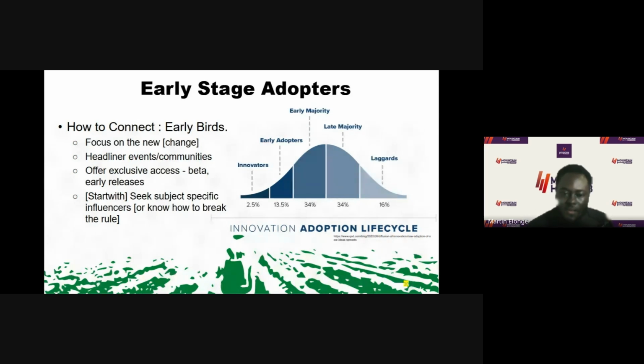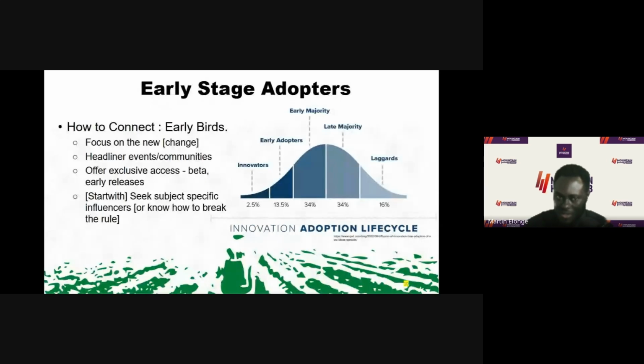One, to be able to find them, our product, our service, our offering needs to focus on the new, the change. We're going to look at this concept a little bit later, towards the end, not long from now. The new, the change. So an innovation could be something entirely new that is not very popular in existence, or it could be something new because it is a change done on something that is already in pre-existence.